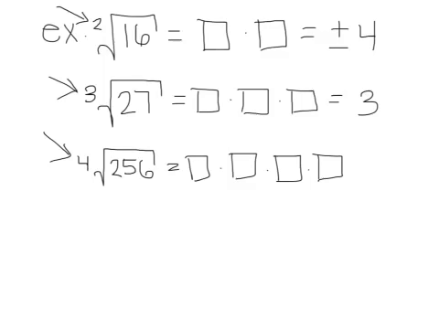So our option here is 4 times 4 times 4 times 4, or negative 4 times negative 4 times negative 4 times negative 4. So the answer here would actually be positive or negative 4 also.